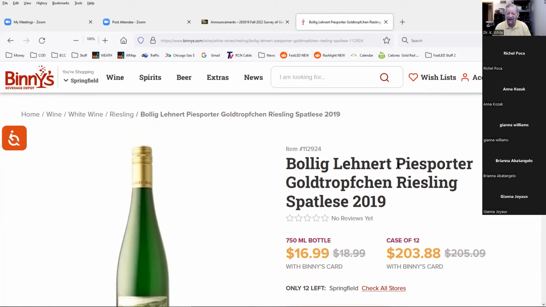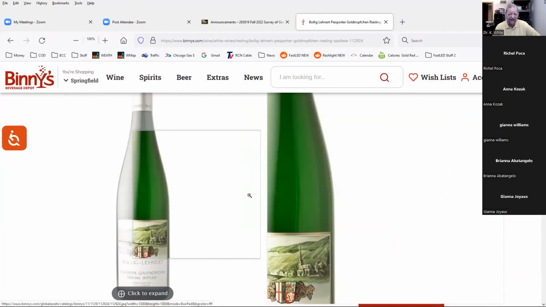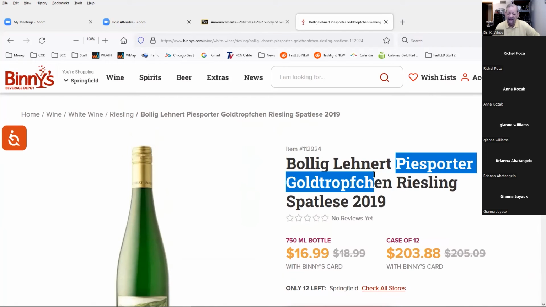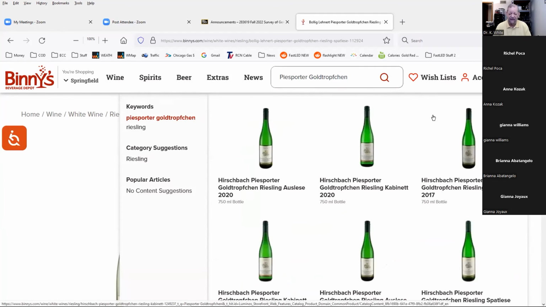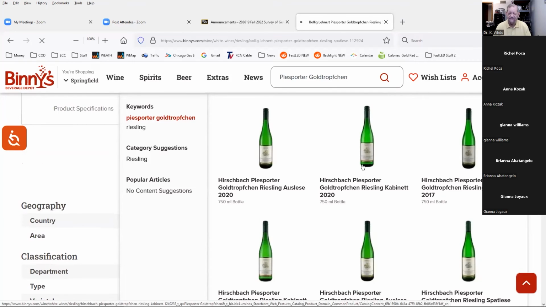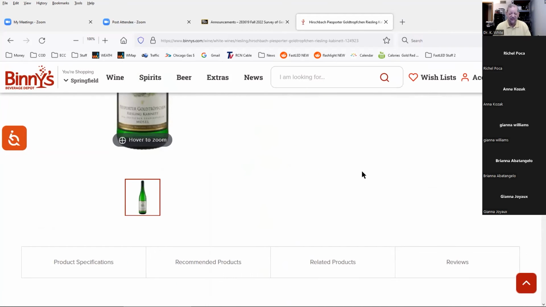An inexpensive, outstanding wine is the Piesporter Goldtröpfchen. It's a white wine, and I like it much better than any French wine. Let's see if I can find some more. They're out of stock here.